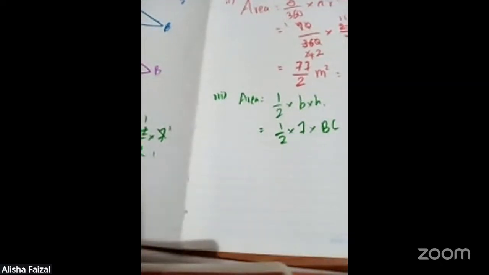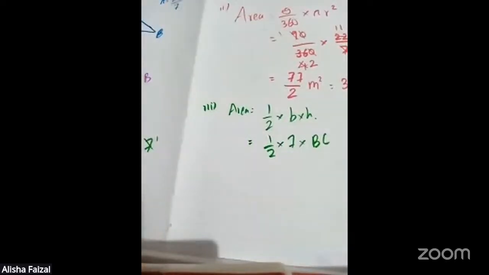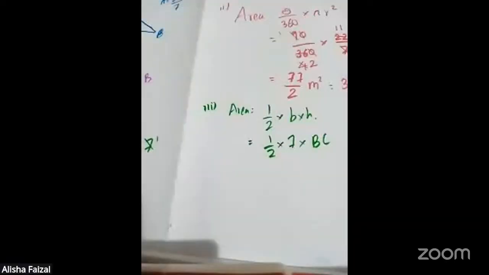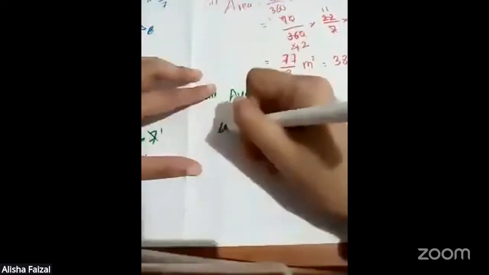Did I confuse you? Children, do you understand this? Understand, ma'am. So, what is the area given in the question? 42 meters square.